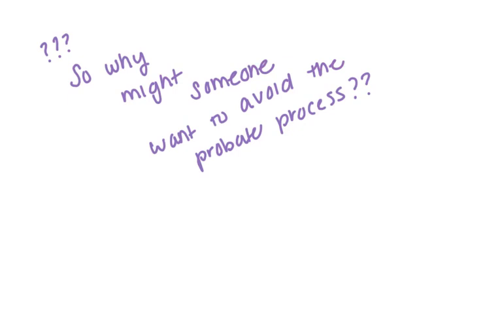So why might someone want to avoid the probate process? People want to avoid it because it is expensive and time-consuming. So estate planning attorneys spend a good chunk of their time trying to characterize assets in ways that will allow them to avoid the probate process at the time of their client's death.